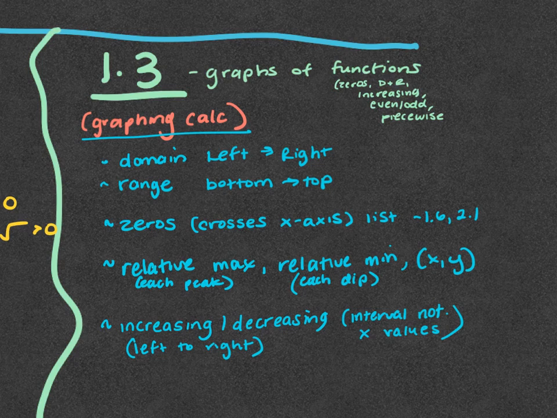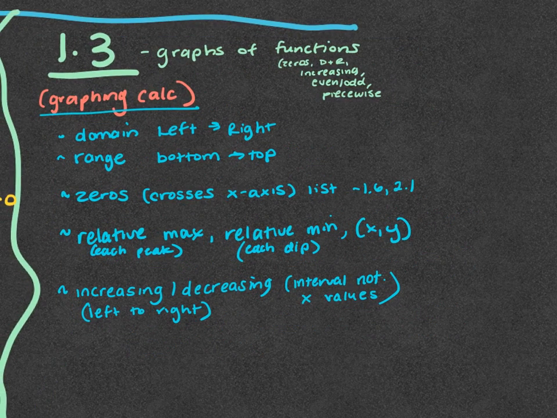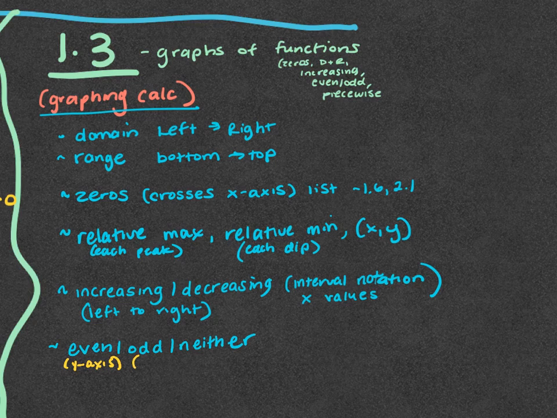Yes, interval notation. Yeah, sorry. Let me change that then. And then we had even, odd, neither. Even is symmetric to the y-axis, odd to the origin, and neither is neither.